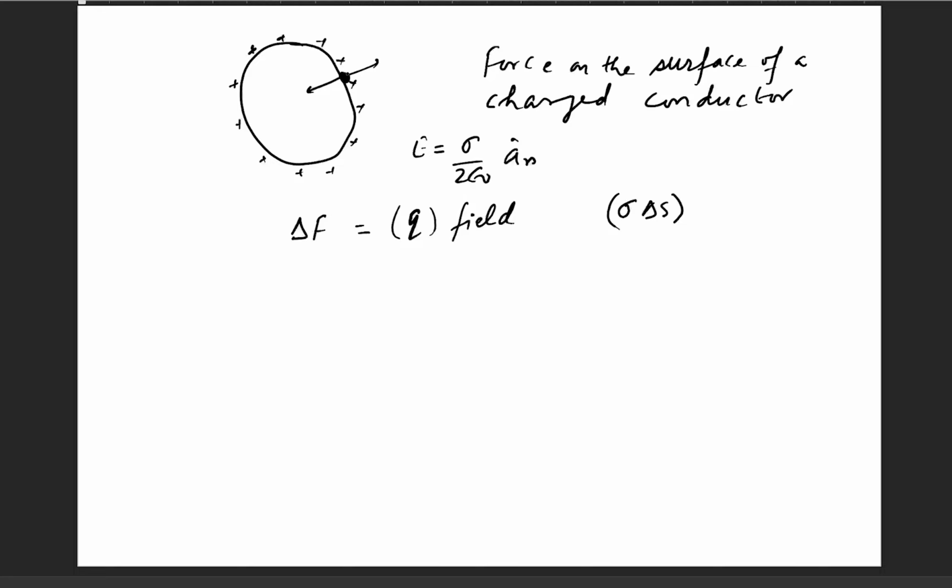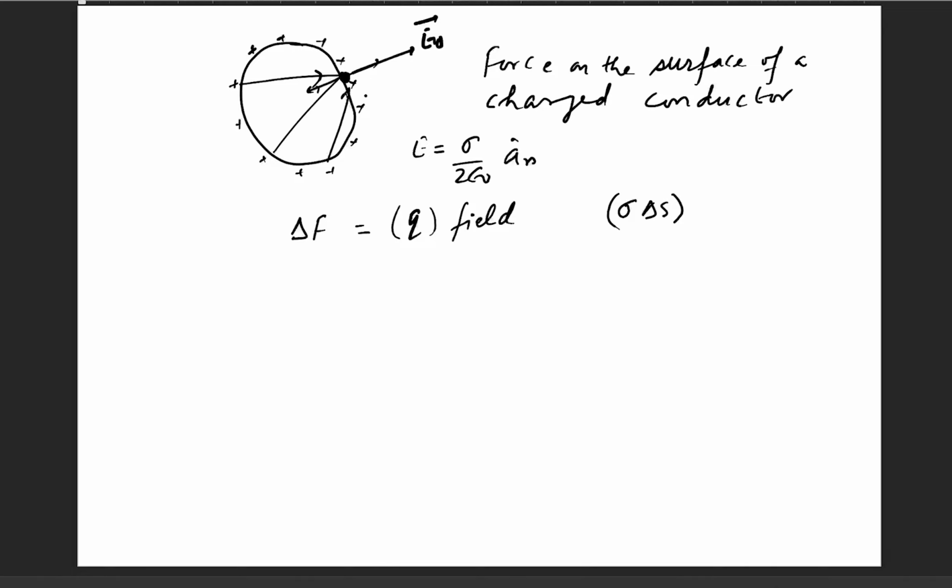At this point, although the resultant field is E naught, as you remember this total field has both expressions, the field due to the nearby charges as well as the faraway charges. So for the expression of force we need just the field due to these faraway charges, not the self charges.